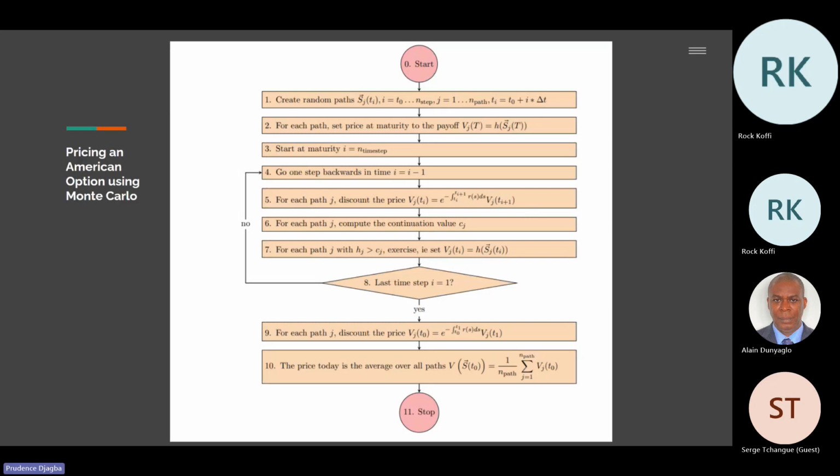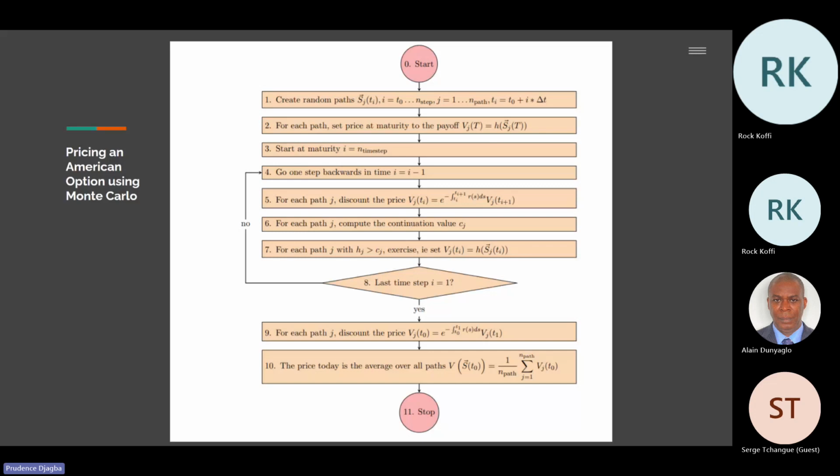But here for an American option, we want to compute the supremum of the expected value of the discounted payoff at different times.